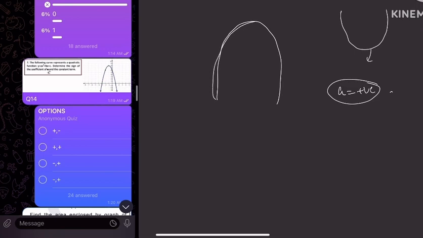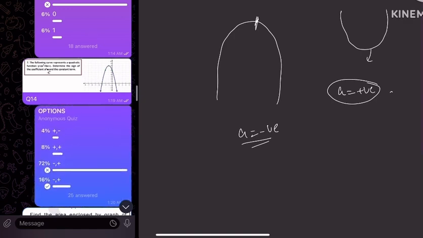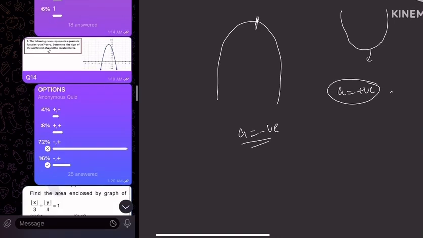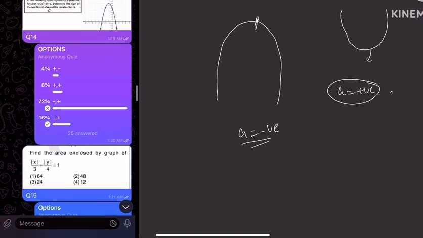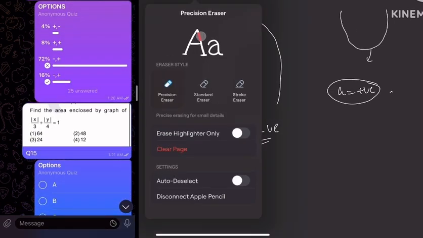Here you can see that it is inverted, it is pointing downward, so a is negative. A means coefficient of x square. The constant term will be positive because the topmost point is the constant term. So negative and positive, so third or fourth must be the answer. Third or fourth, my bad. Both are correct. Whosoever marked those options are correct.